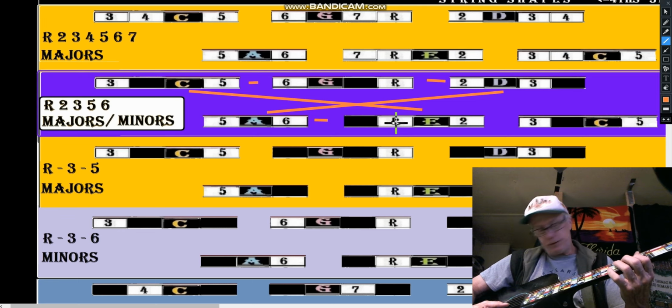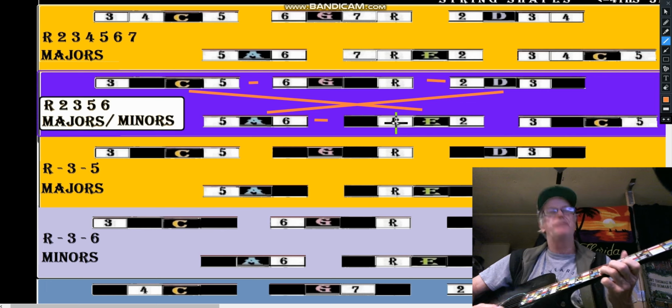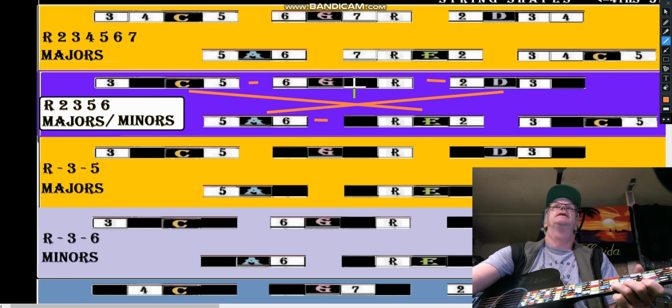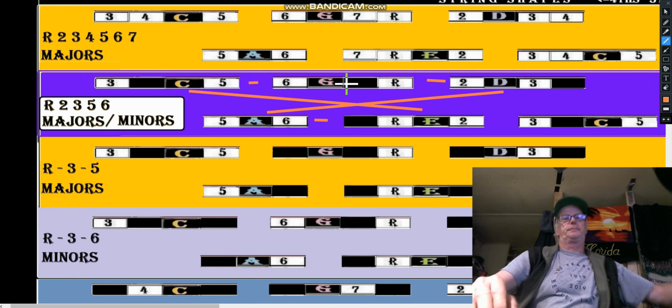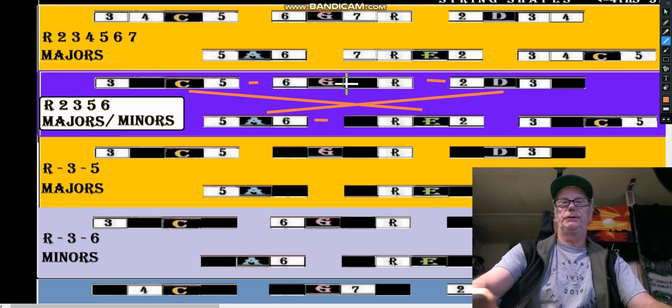Okay, so it's just root 2 and then C 3 5, and then on top of the C is our 6th root again. Okay, so that's how that works.